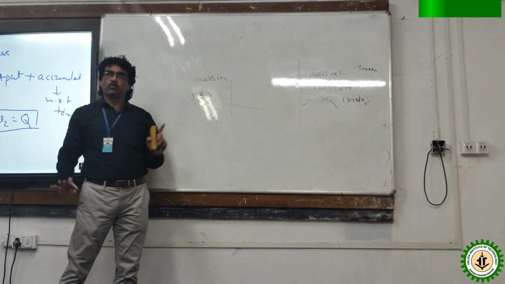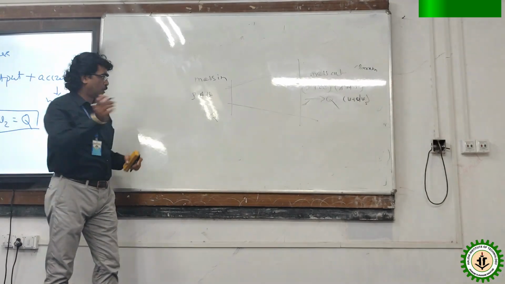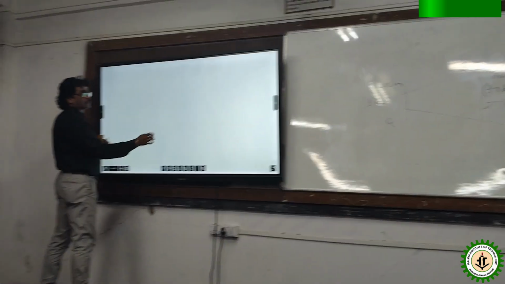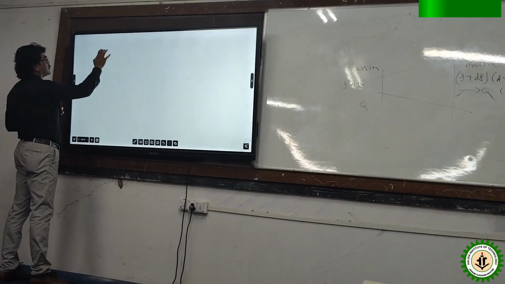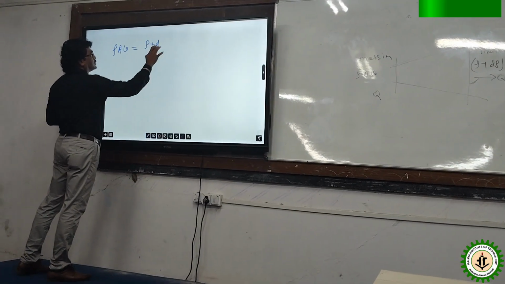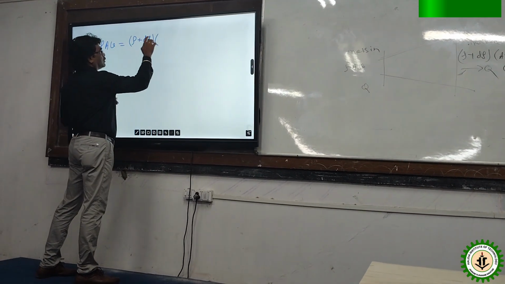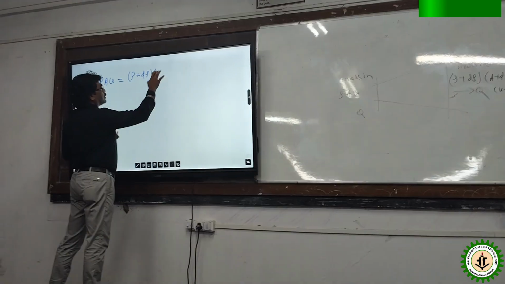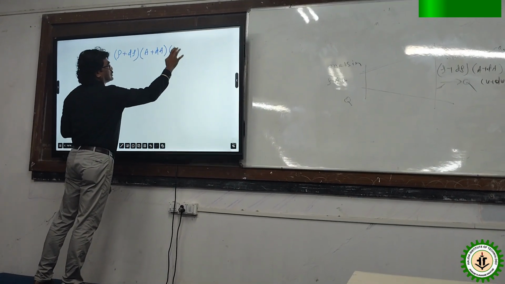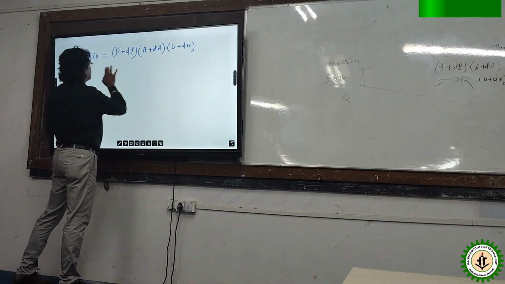Now mass in and mass out both have to be equal. So rho A V is equal to rho plus change in density, A plus dA, V plus dV.